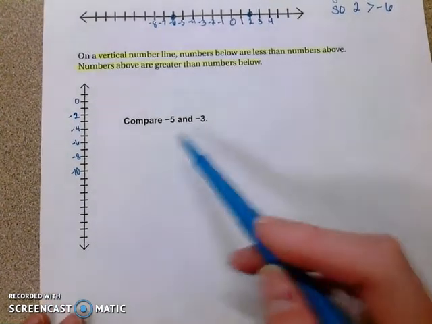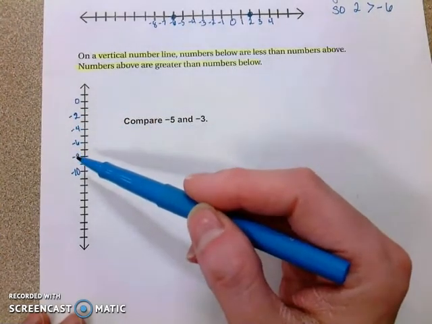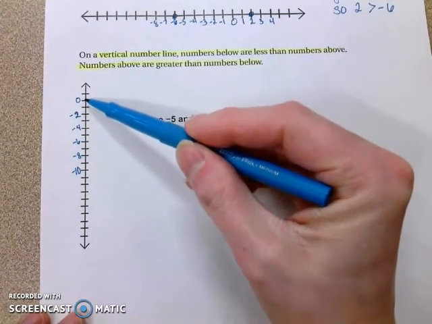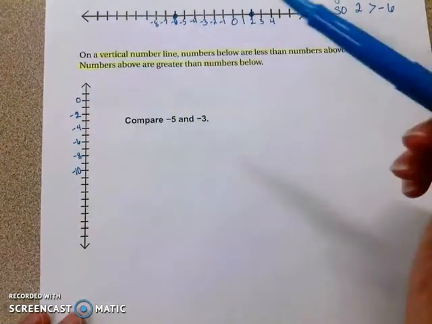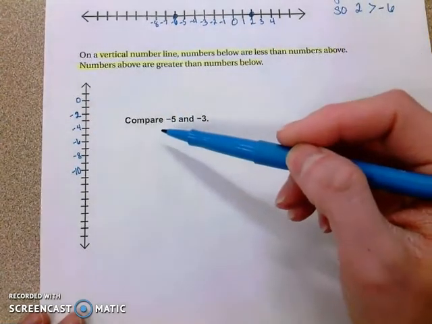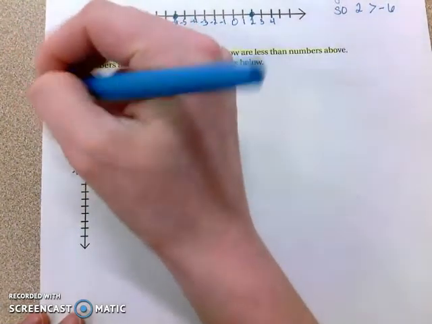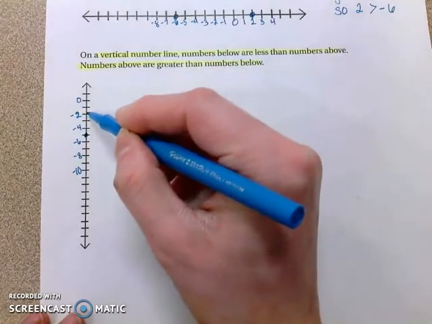I have negative 5 and negative 3. I also didn't label every single number. This is kind of like when we were doing some coordinate graphing. I know that negative 1 is halfway between 0 and negative 2. I just didn't write it there so it didn't look as messy. So now I'm going to go ahead and graph these numbers. Negative 5, I know that's going to be between negative 4 and negative 6. And then my negative 3 is going to be between negative 2 and negative 4 here.